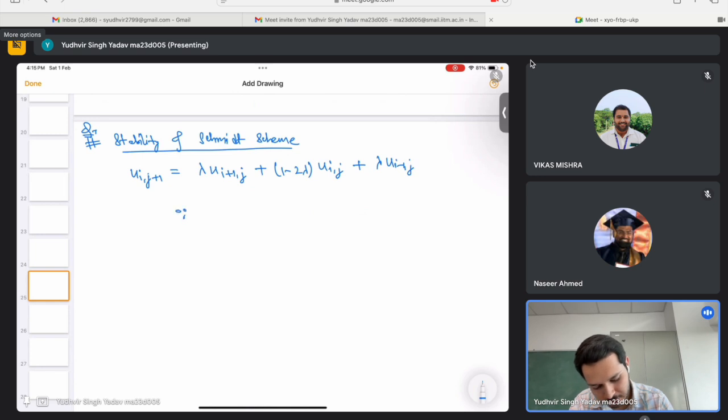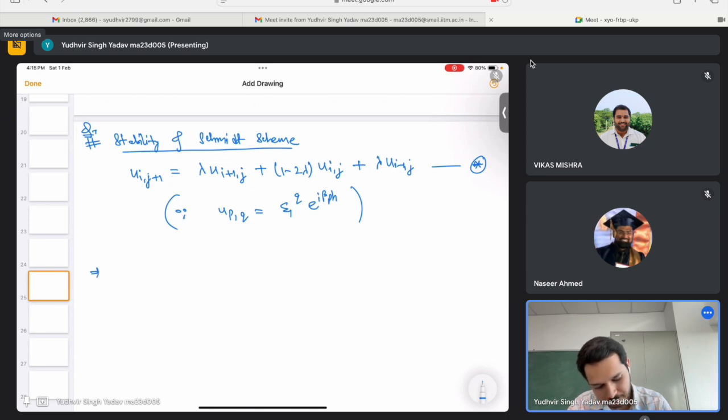Here we substitute the solution u_p^q = xi^q e^(iota beta ph), h being the step size in the x direction. So we will substitute this solution in our given scheme.